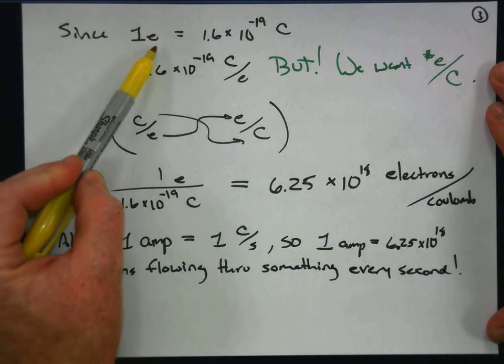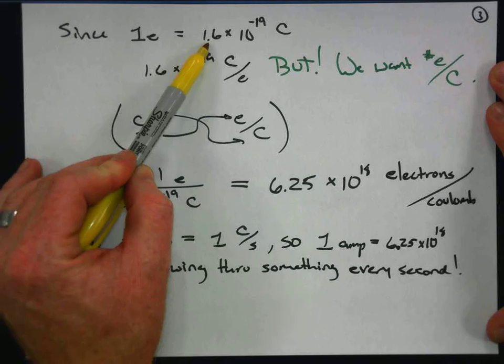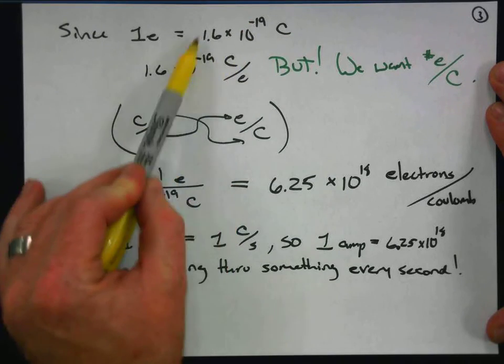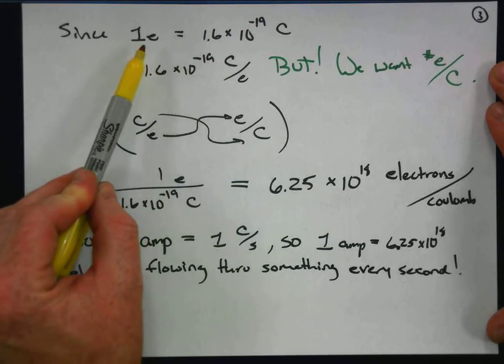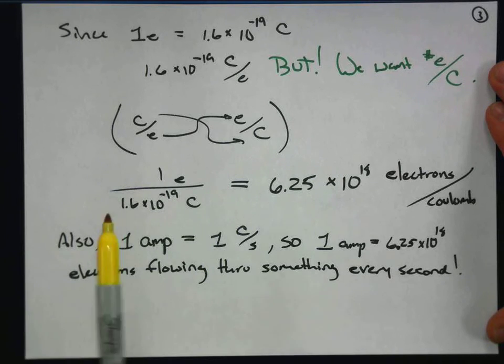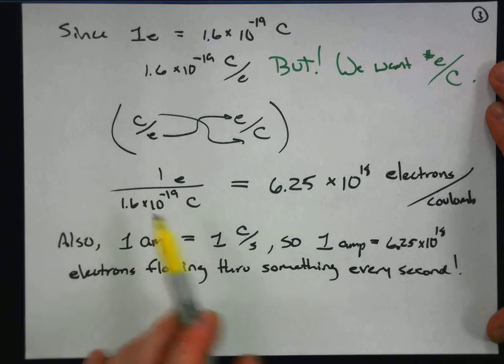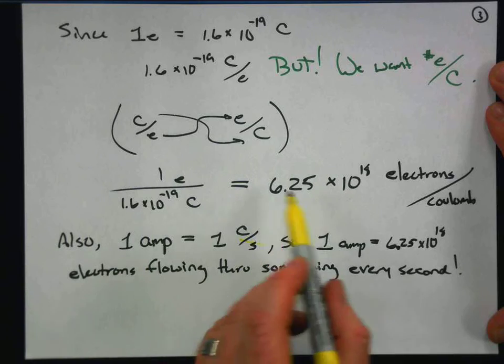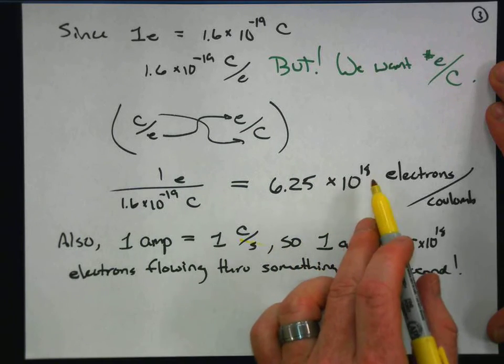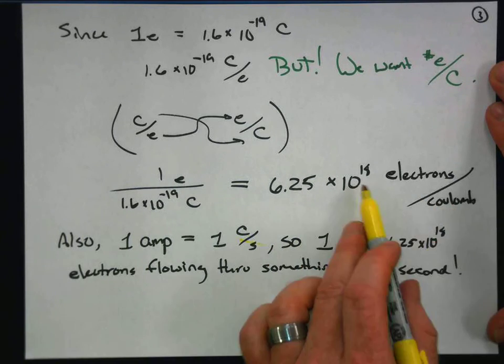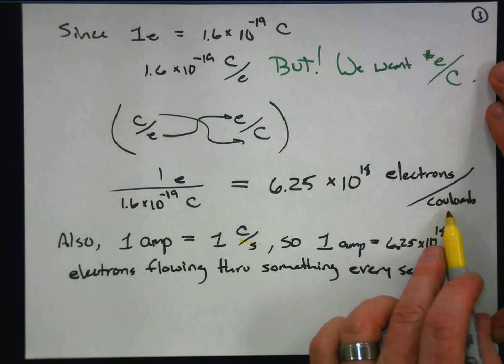We have the fundamental charge, or each electron has a charge of 1.6 times 10 to the negative 19 coulombs. So that's a tiny amount of coulombs in each electron. What we wanted was in 1 coulomb, how many electrons were needed. And so we found out that it's 6.25 times 10 to the 18 electrons in 1 coulomb that have to add together to make up 1 coulomb of charge.